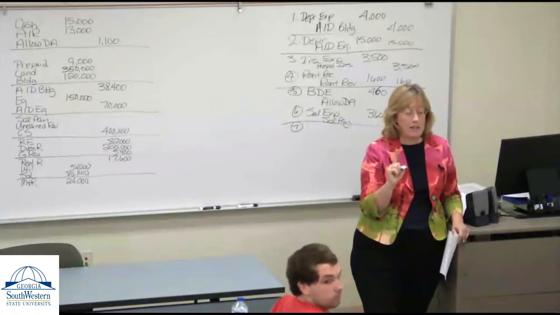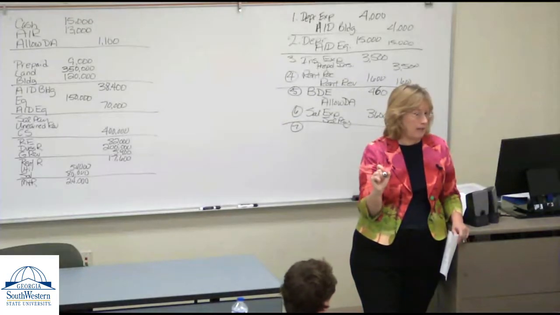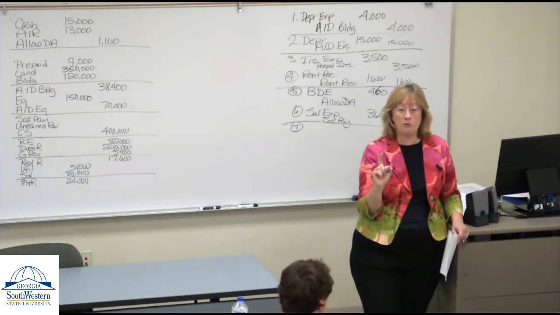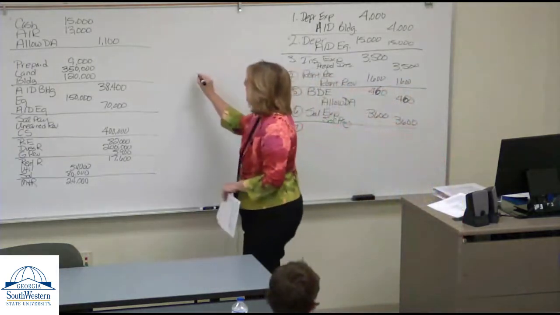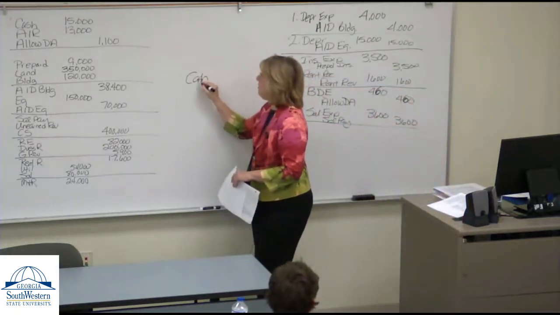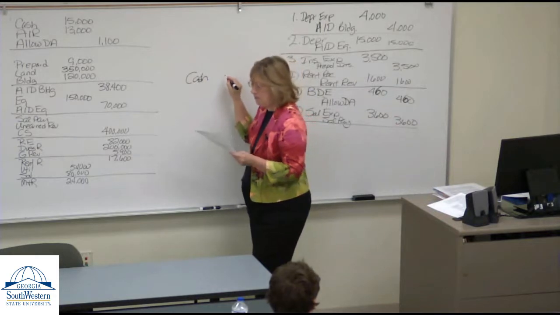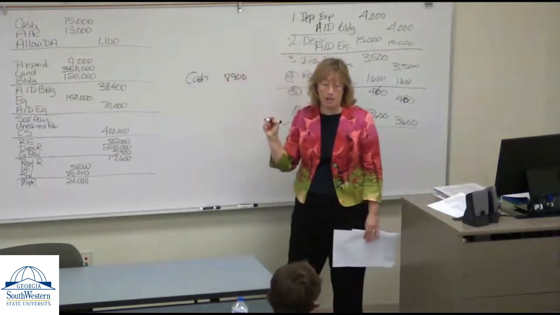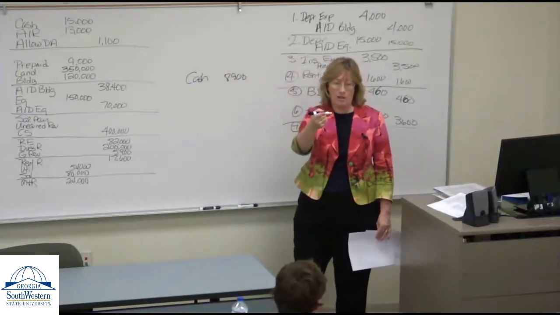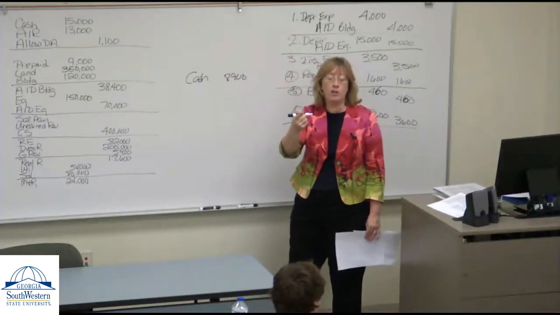So now let's think about this. They've already received the cash and did something with it. Myrtle did something with it. When she got the cash, she should have debited cash 8,900 and credited what? You had it right, unearned revenue.